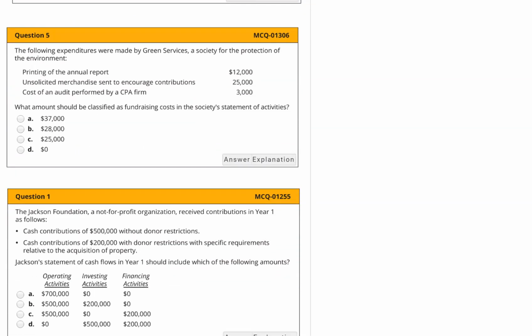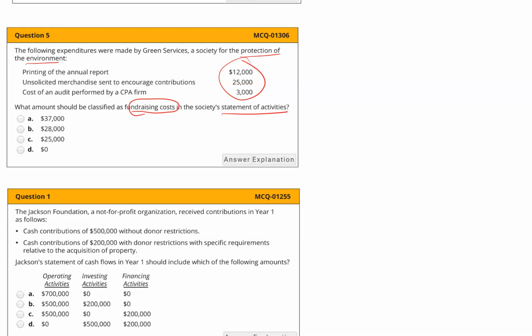Then, the following expenditures were made by Green Services, a society for the protection of the environment. Look here, their mission is to protect the environment. Now, they have a few items here: printing of the annual report, unsolicited merchandise sent to encourage contributions, and the cost of an audit performed by a CPA firm. What amount should be classified as fundraising cost?